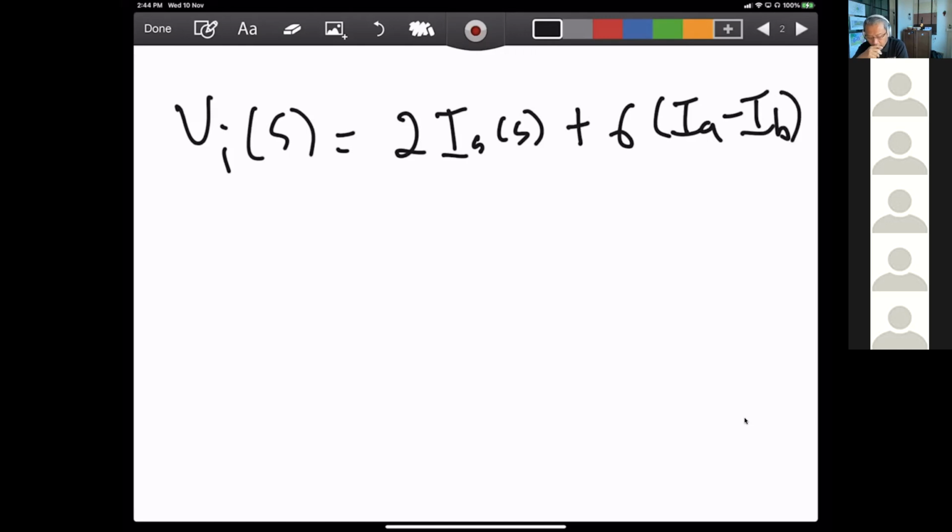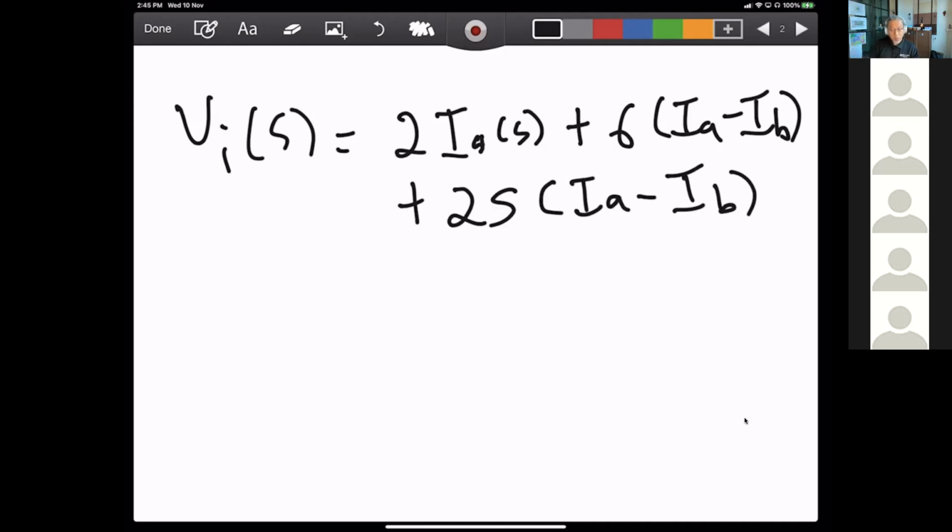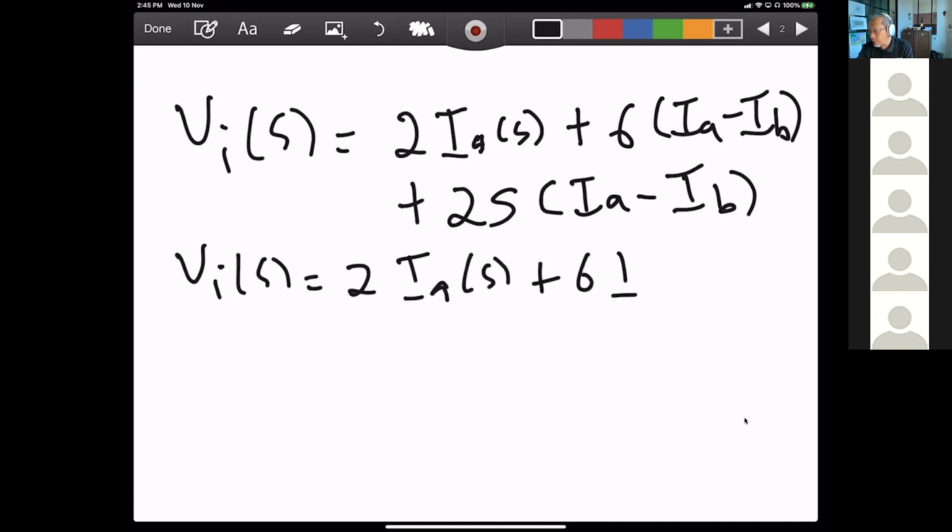Do you understand this equation? Okay. So you open these equations: 2IA plus 6IA minus 6IB plus 2sIA.